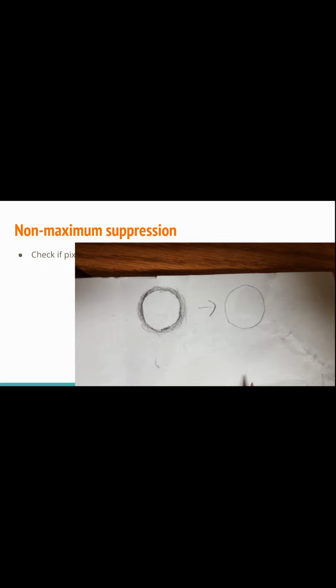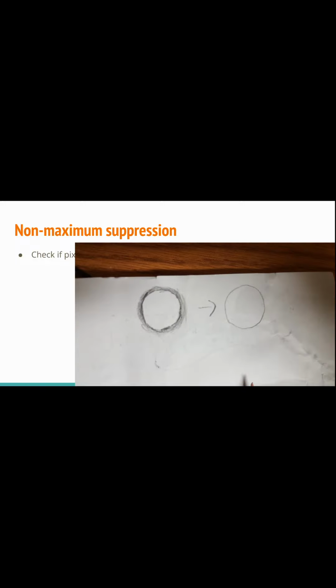The rest, because those are less than the inner part, will be removed. So that's how non-maximal suppression works. It preserves the local maxima and removes the points that are not maxima. Thus, it can sharpen the edge.